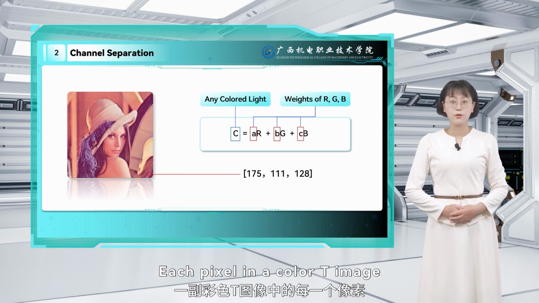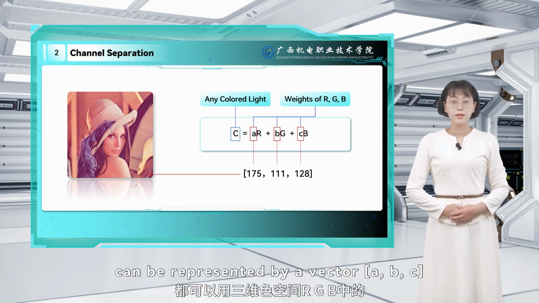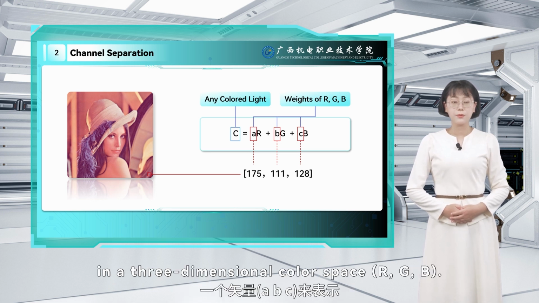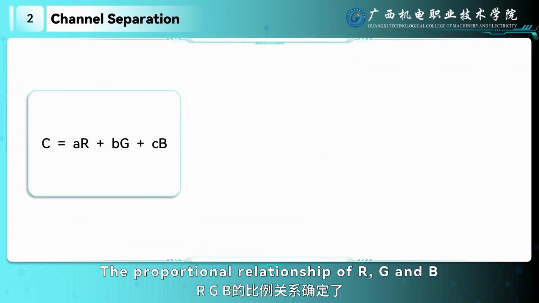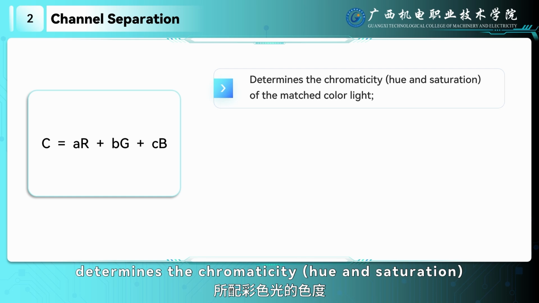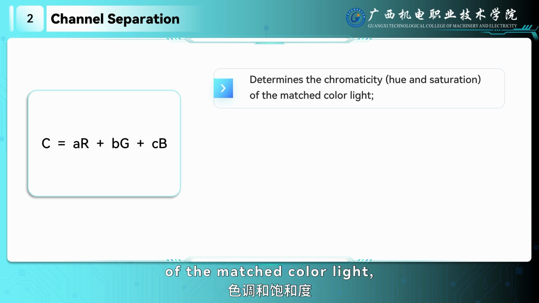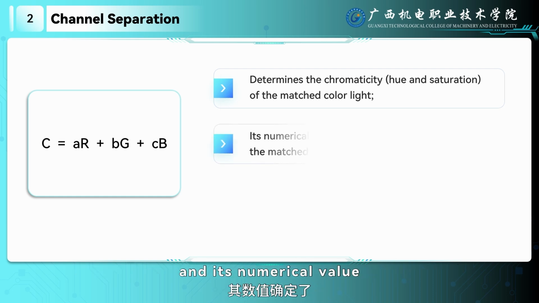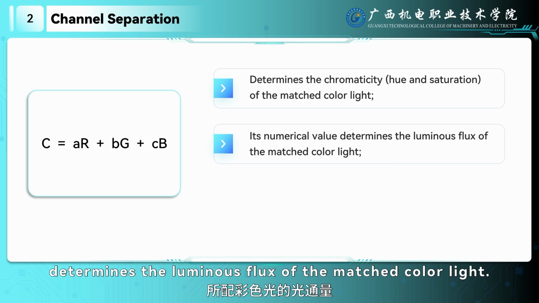Each pixel in a color image can be represented by a vector (A, B, C) in a 3-dimensional color space, R, G, B. The proportional relationship of R, G, and B determines the chromaticity, hue, and saturation of the matched color light, and its numerical value determines the luminous flux of the matched color light.